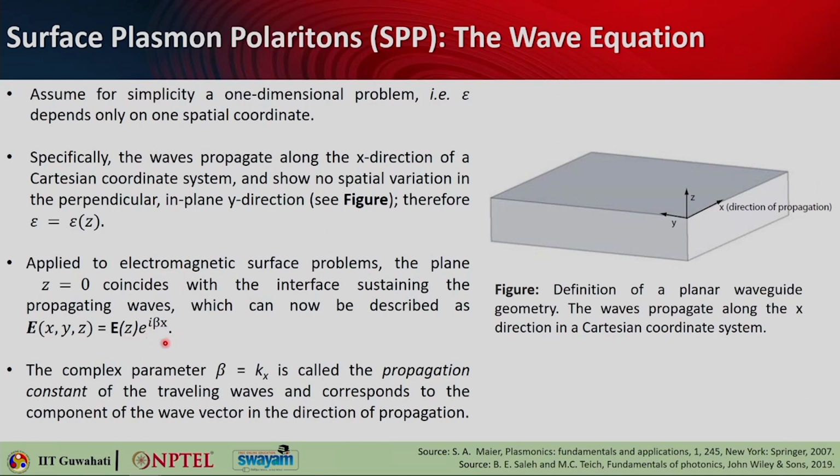This clearly tells you that your wave is propagating along the x direction and the electric field is extended in the z direction. The complex parameter beta is nothing but kx. The x component of the wave vector is the propagation constant for these travelling waves.